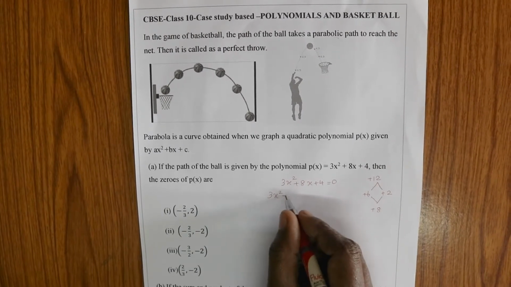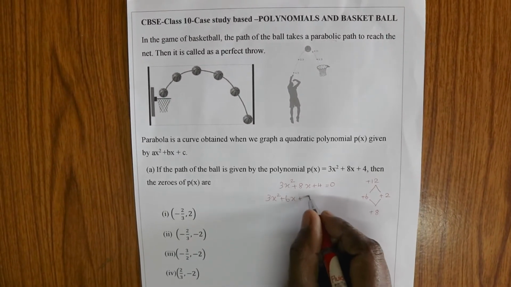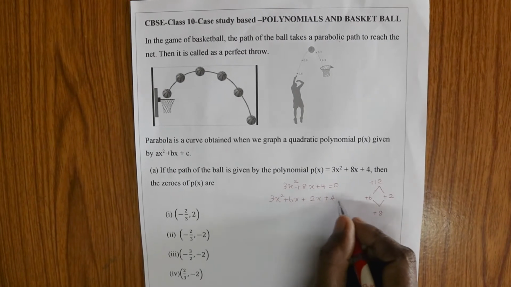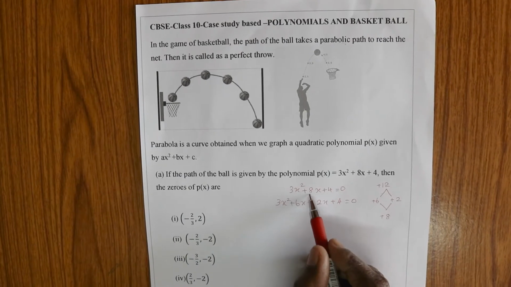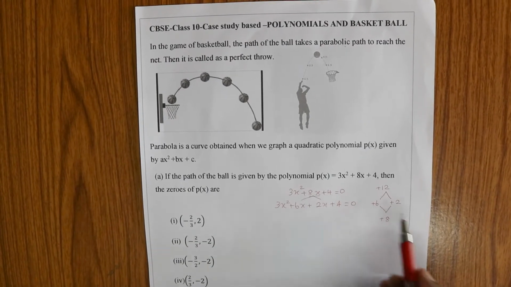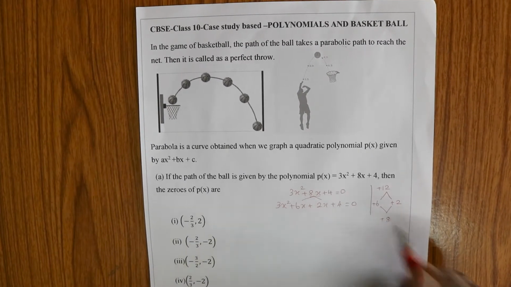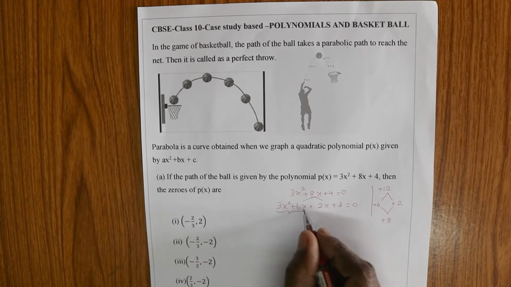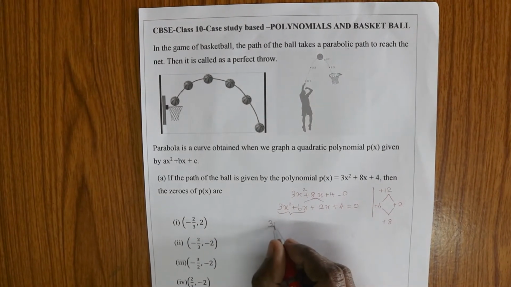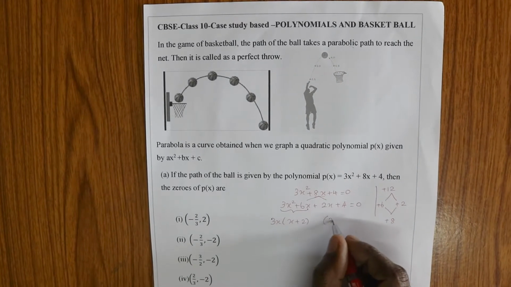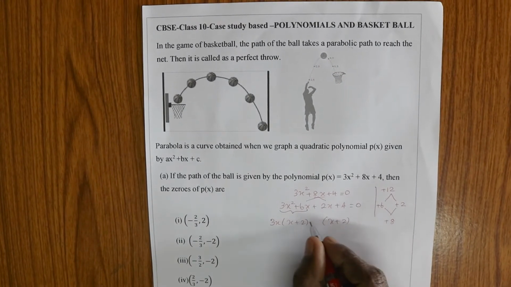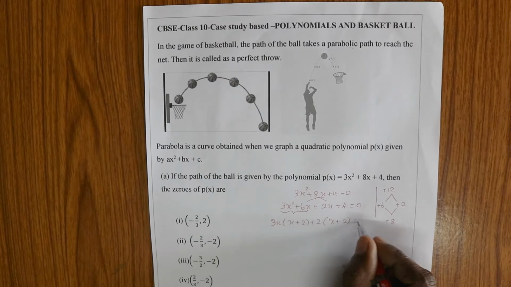3x squared plus 6x plus 2x plus 4. I believe all of you know what factorization is. I split this 8x as 6x and 2x according to this condition. Now let's club these two and take out whatever is common. So 3x into x plus 2. In the next bracket also, I should have x plus 2, so the factor to be taken out is 2.